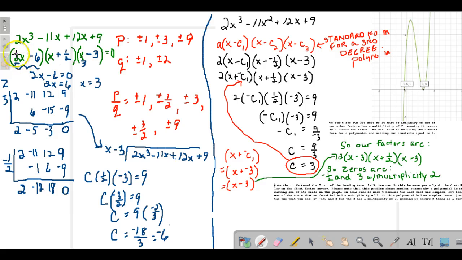So this is a little bit different method than this one over here with the formula, because over on this method we factored out a 2, whereas in this method we did factor out the 2 because we wanted this pure form of a polynomial. And this is the standard form for a third degree polynomial, but it's the same thing for any degree. You just keep going on and on and on, and you have this a outside here.